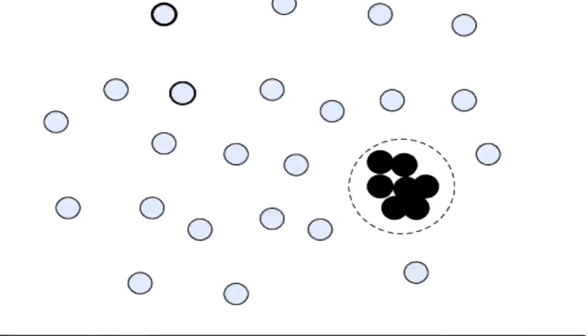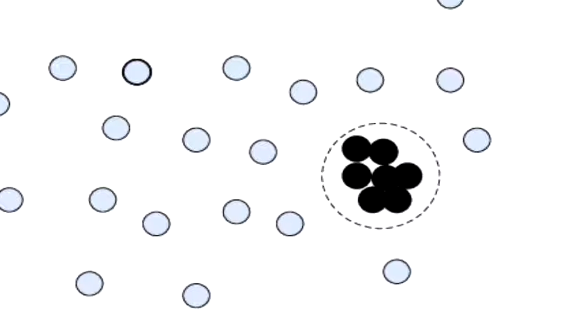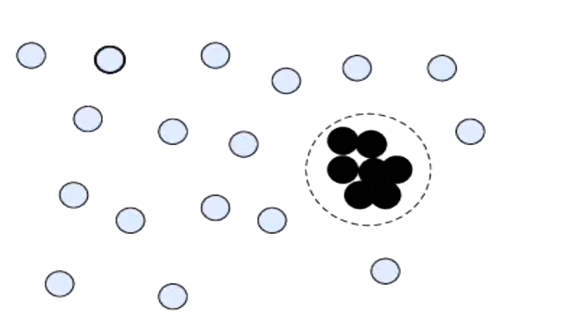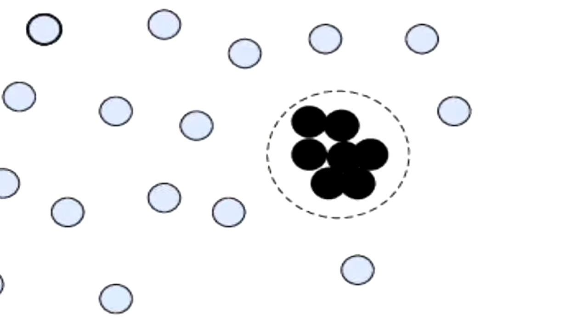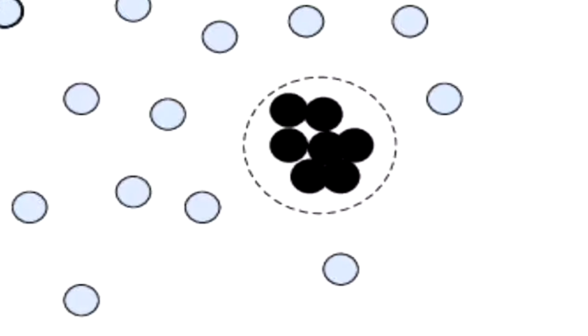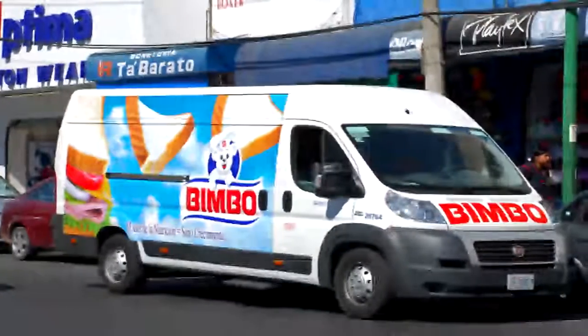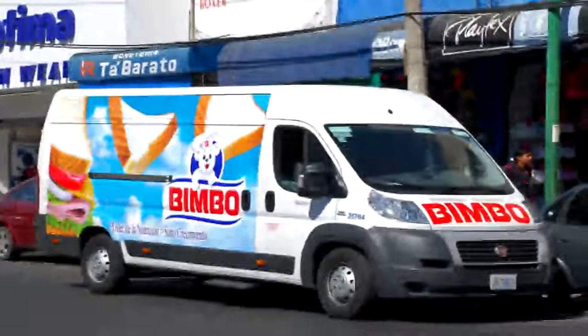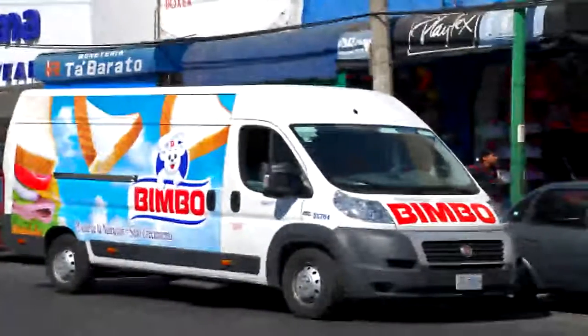The next are the collective outliers. Given a dataset, a subset of data objects forms a collective outlier if the objects as a whole deviate significantly from the entire dataset. Importantly, individual data objects may not be outliers. For example, in Bimbo, that is a transportation company, if one delivery gets late, it is not an outlier.